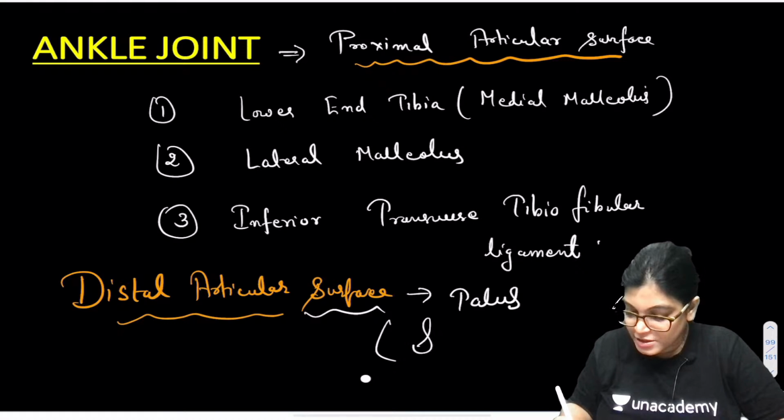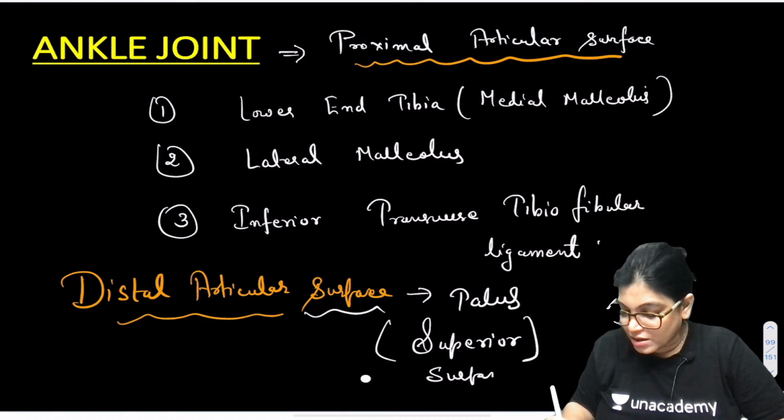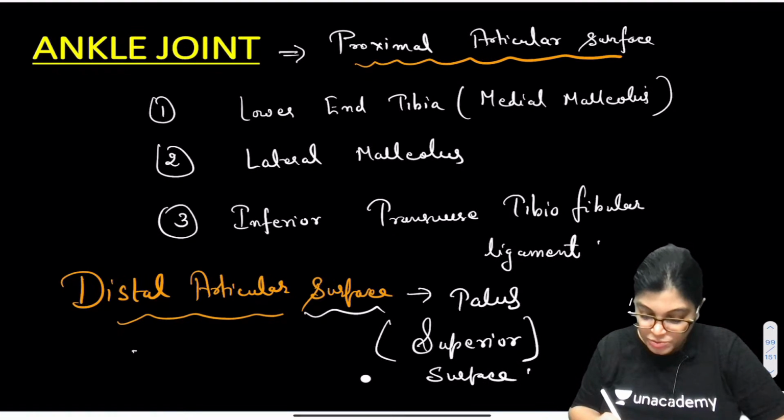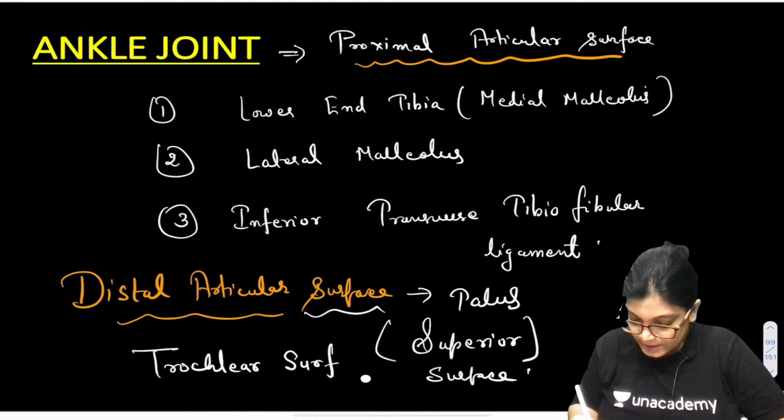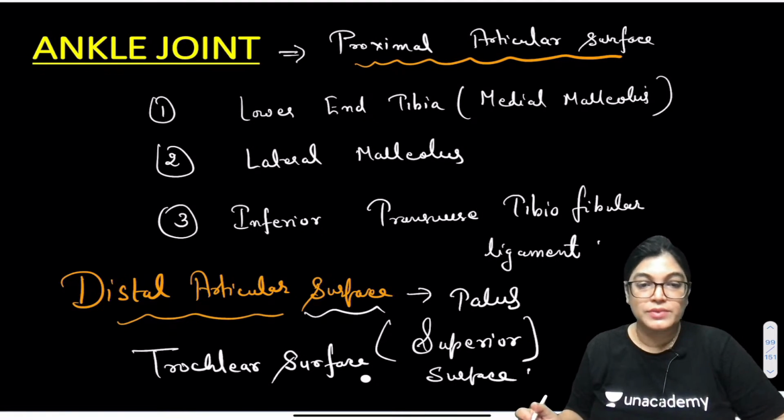Which aspect of the talus bone? The superior surface of the talus bone, and the other term used for the superior surface of the talus bone is the trochlear surface. So got it?